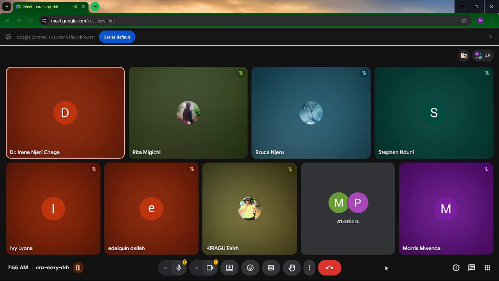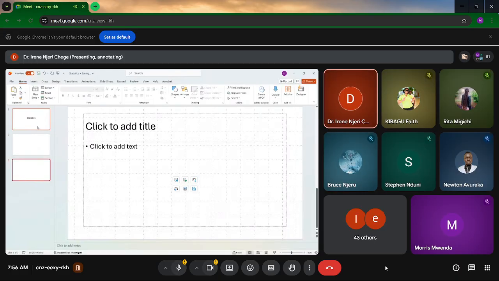I just want to label my slides, statistics. For those who don't know how to make slides, this is the manual way of doing it. So I have now put many slides.